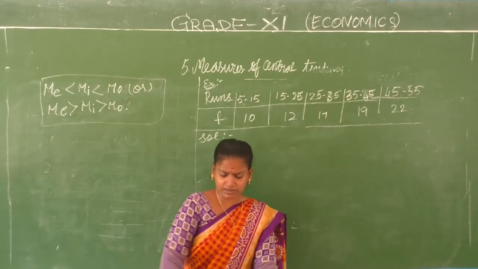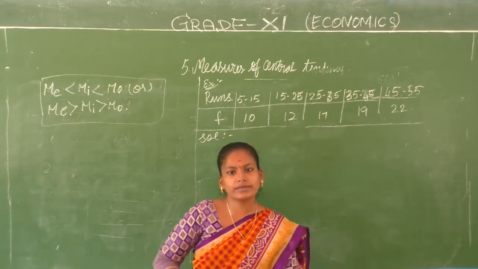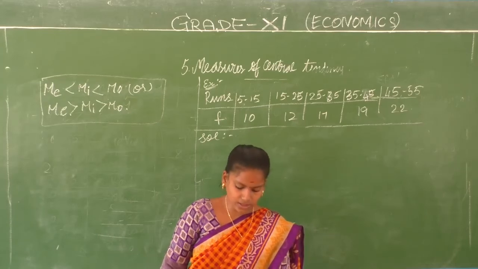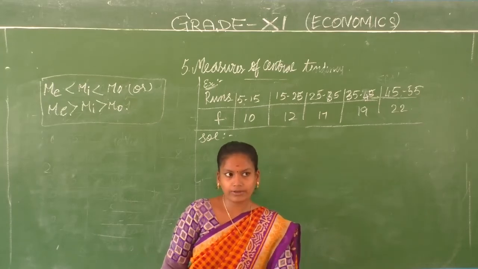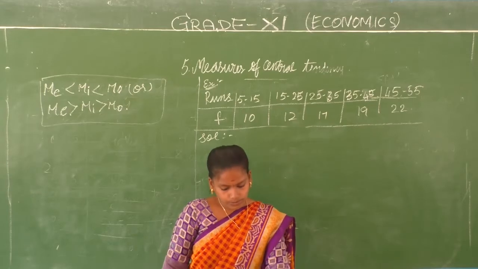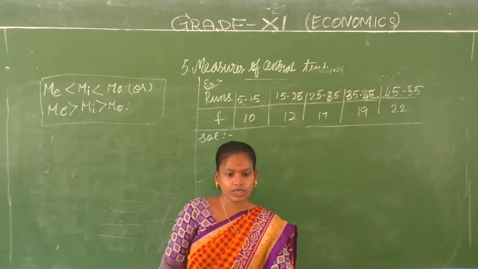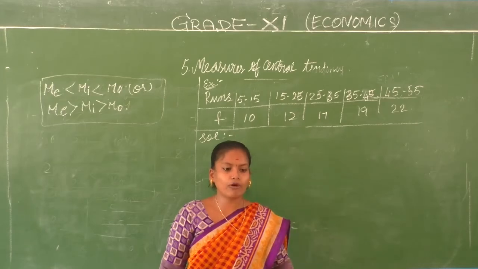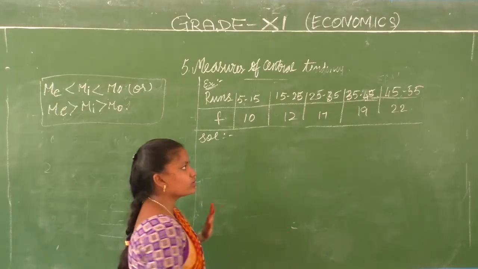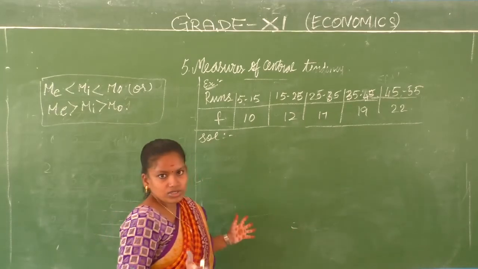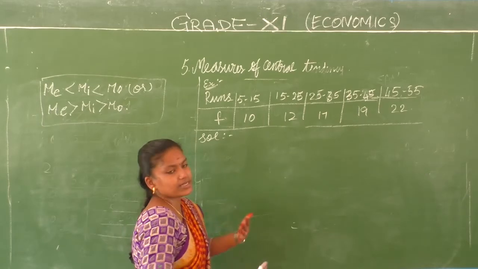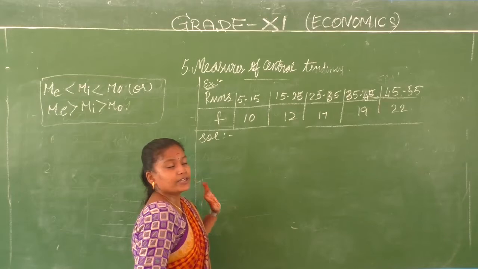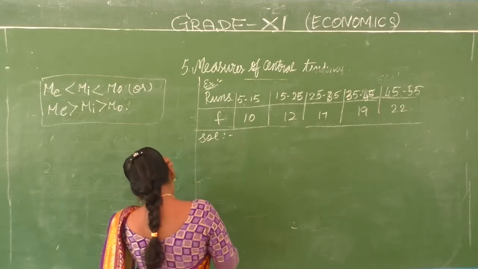All three methods are going to give the same answer, whether you use the direct method, the assumed mean method, or the step deviation method. But I will do the most difficult method, which has a lot of steps. The arithmetic mean, and we are going to find it through the step deviation method.